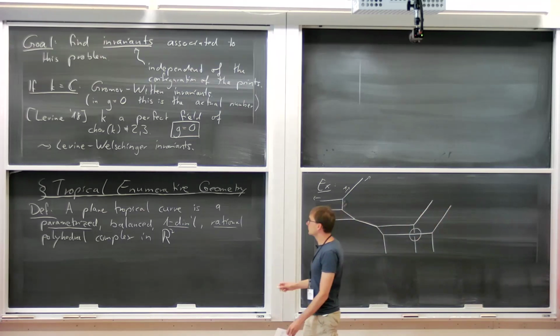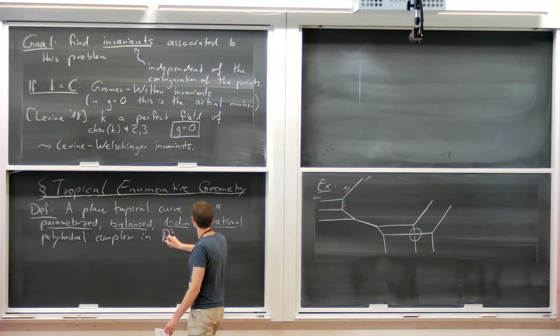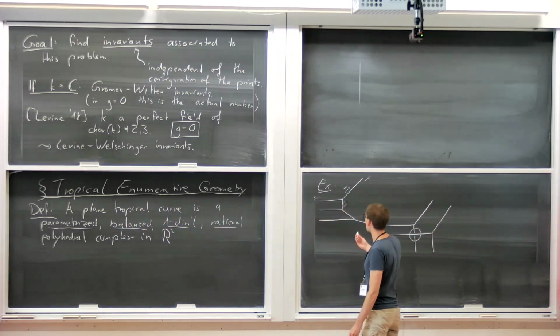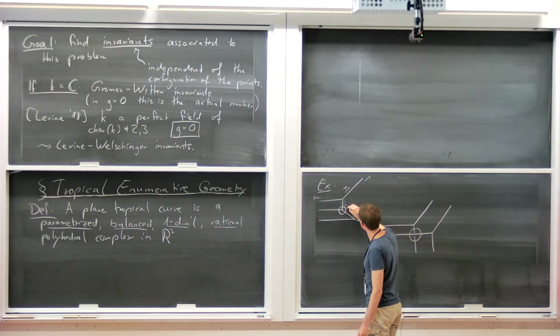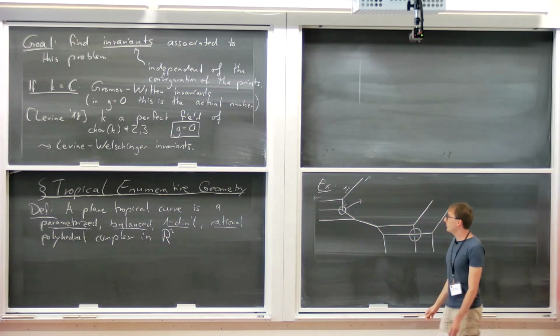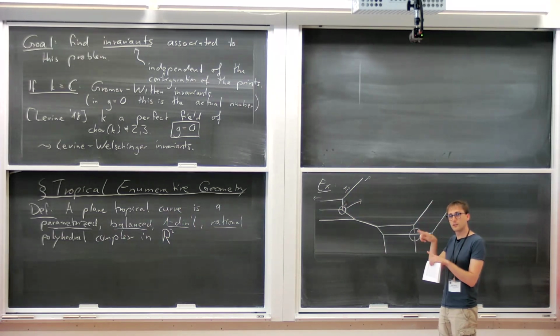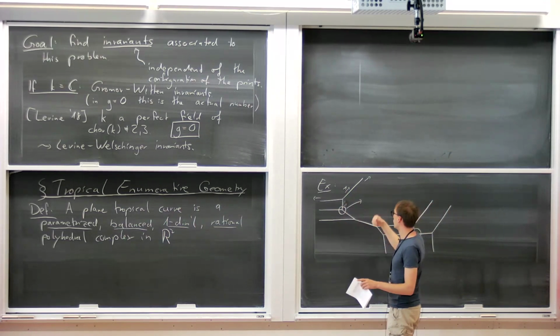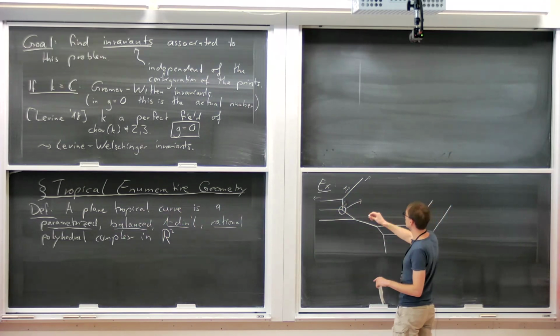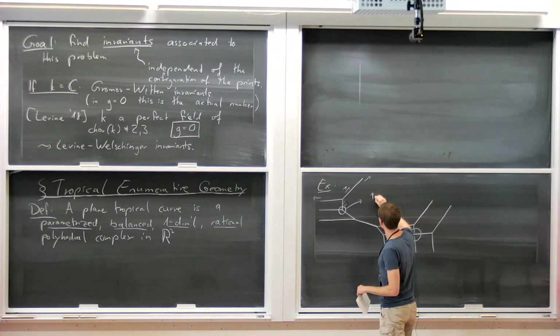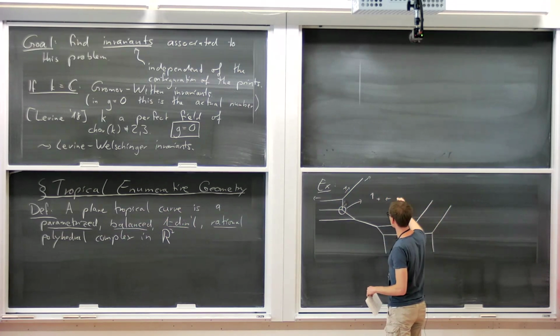And finally, there's the word balanced, which means that whenever you look at a vertex, like for example this one over here, if you sum up the primitive tangent directions of the outgoing one-simplices here, then up plus left plus down-right gives 0.